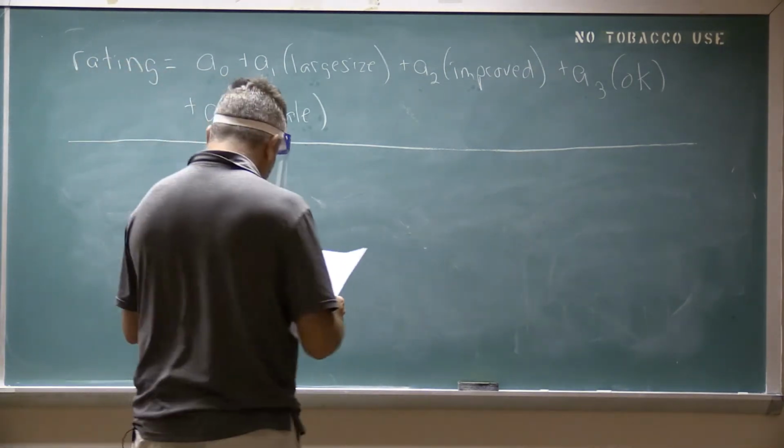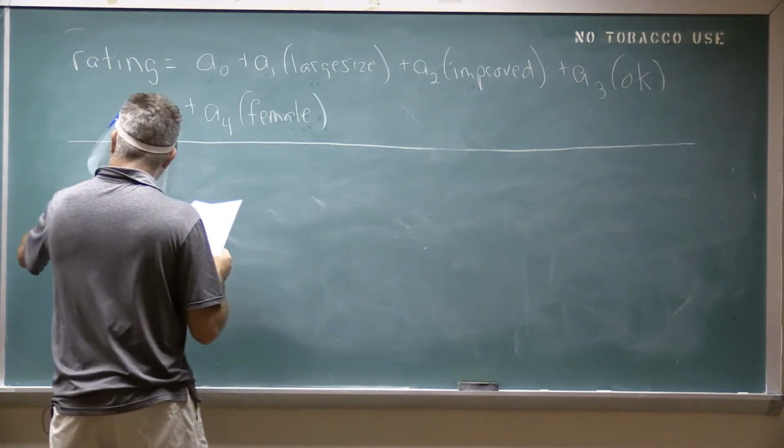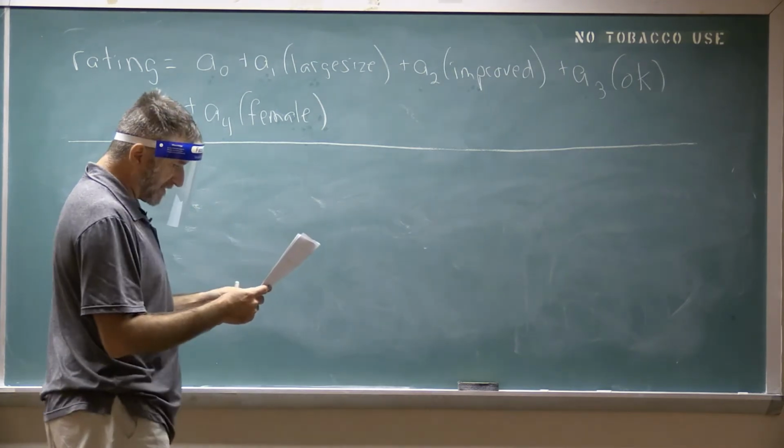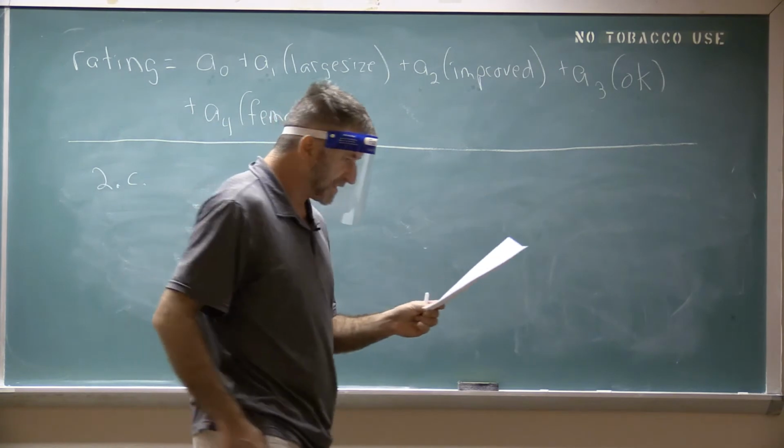So 2C says, how then do we interpret the coefficient A1?